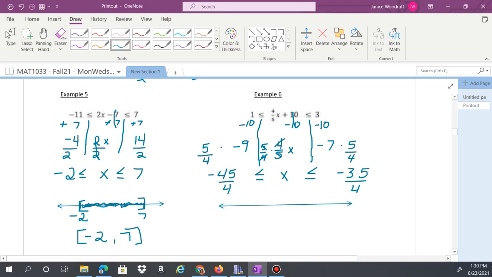I think that's -11 1/4 and -8 3/4 is where that would be. But we'll keep the fraction form. So -45 over 4, -35 over 4, and then we have our brackets.